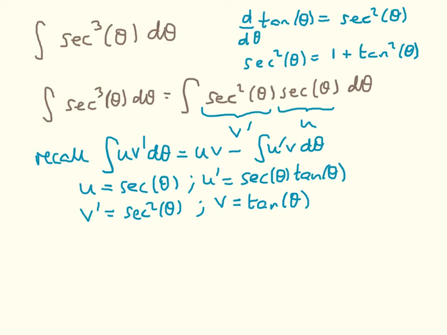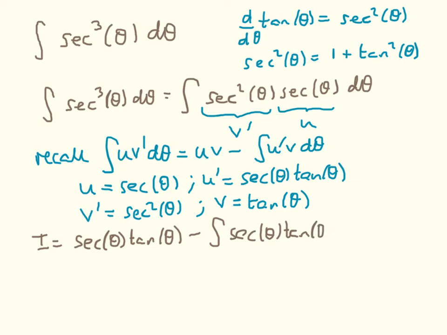Now we take these results and put them into this formula. Let's call the integral I. It is u times v, so this is sec theta tan theta, minus the integral, and now u prime is sec theta tan theta, and v is tan theta, so this becomes tan squared theta.